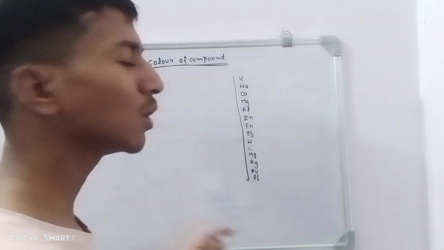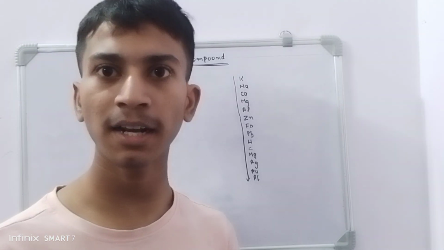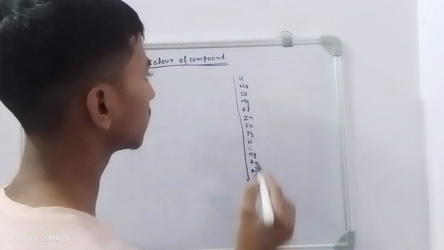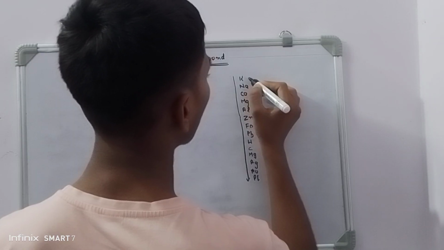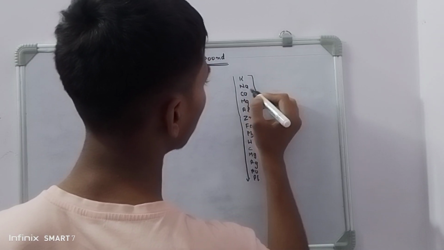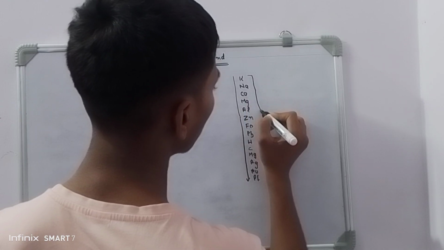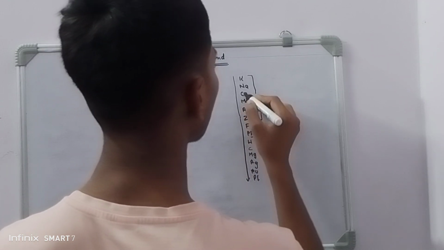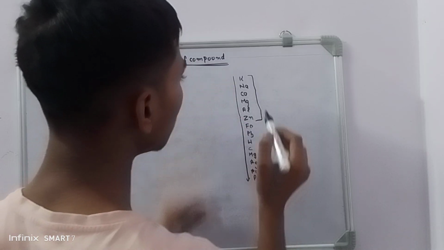Now I am going to cover the colors of the metal oxides. In class 10 you have to mainly study 8 metal oxides.